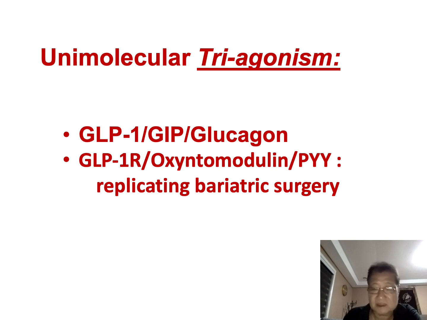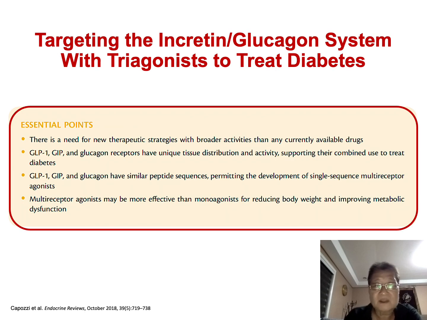As I mentioned, after the surgery, they found out these gut hormones are elevated, and they link this as the reason for the continuous weight loss of the patient. Or better still, targeting the two incretin hormones and glucagon system with triagonist in the treatment of DM.